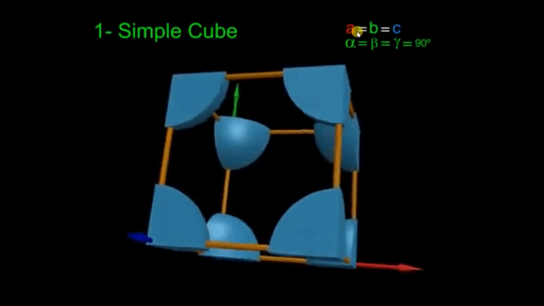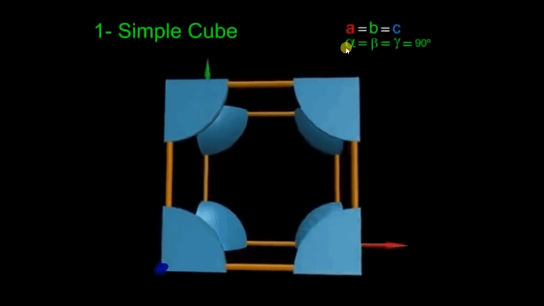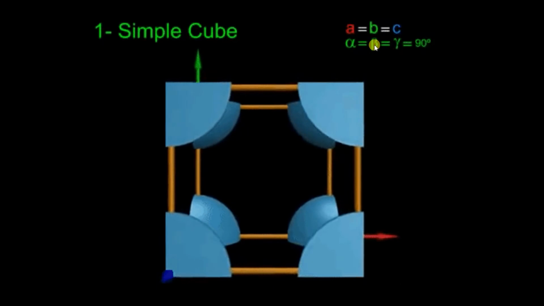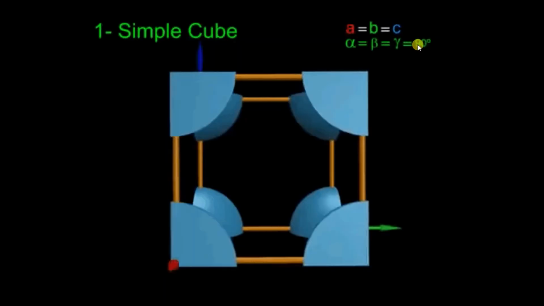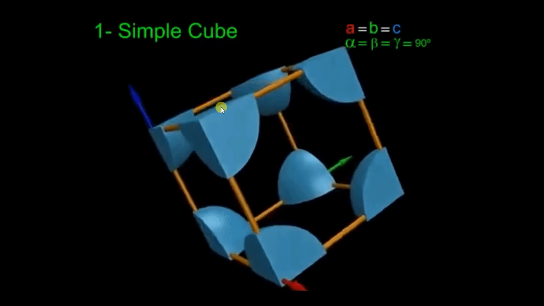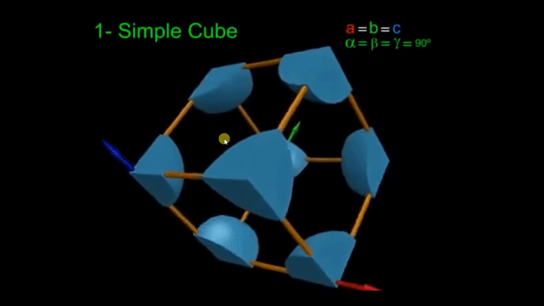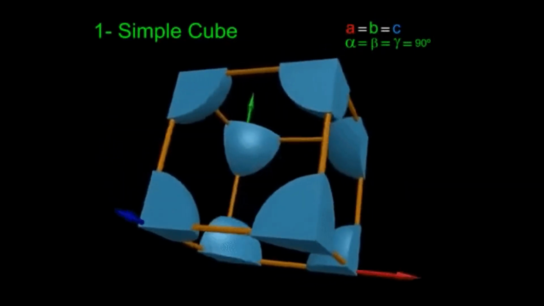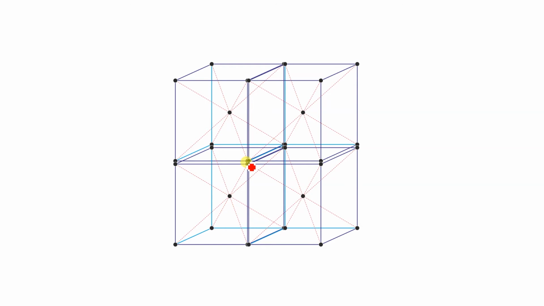Okay. Just remember this. Alpha is the angle between x and z, beta is y and z, and gamma is x and y. So all this is 90 degrees. So why have I made it like this? Is it clear to you? So let me explain with this another slide. If you see this, let me talk about this. Is it clear that this is the one cube?